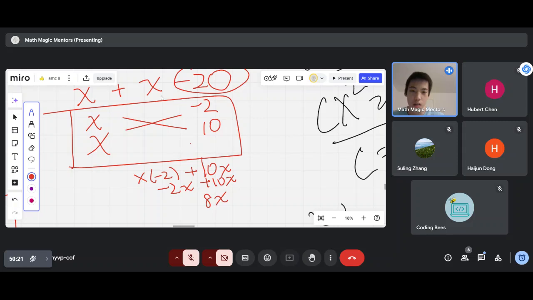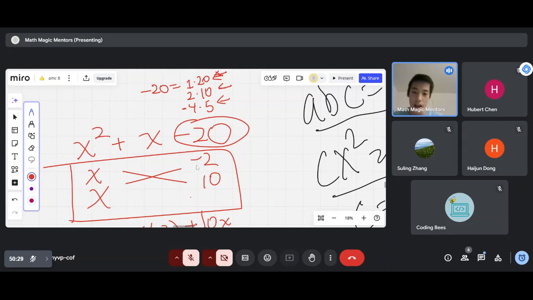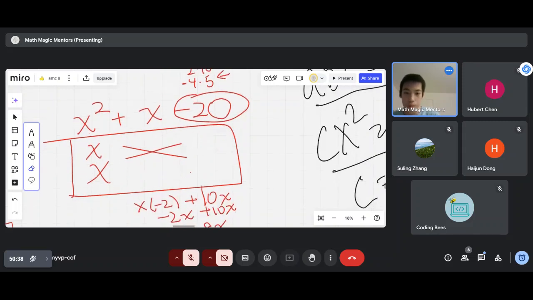That's no good because you want a 1x. So negative 2 and 10 doesn't work. So you can just keep trying pairs such that the numbers have a product of negative 20 and the cross has a sum of 1.